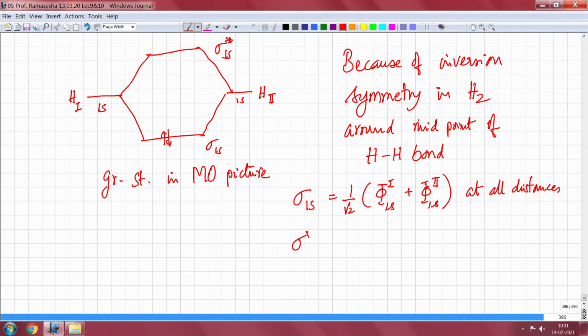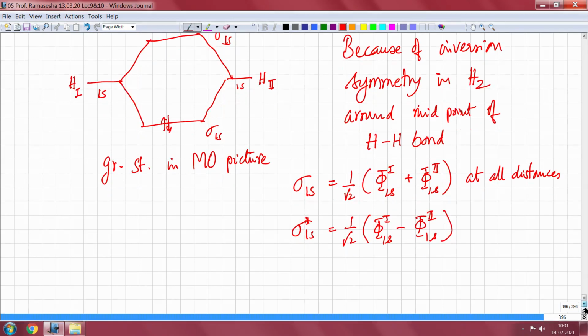Similarly, sigma star 1s is 1 upon root 2 times phi 1 1s minus phi 1s of the second hydrogen atom. So, what does it tell you?